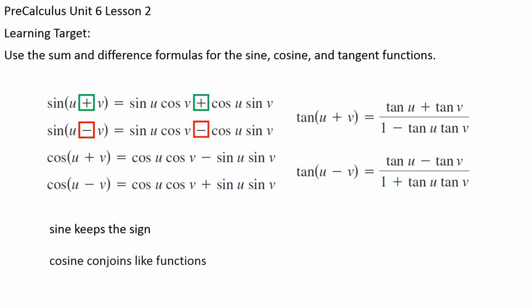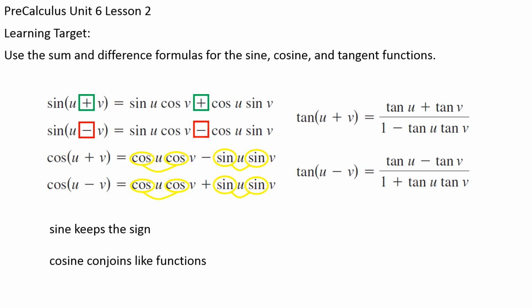Now the cosine function, well, cosine conjoins like functions. Right? So if I'm doing cosine of u plus v or cosine of u minus v, it keeps the cosines together, it keeps the sines together. So if you're going to work with the sine function, you'll keep the addition or subtraction, but it scrambles the functions.